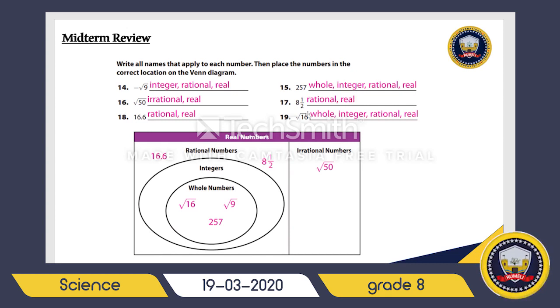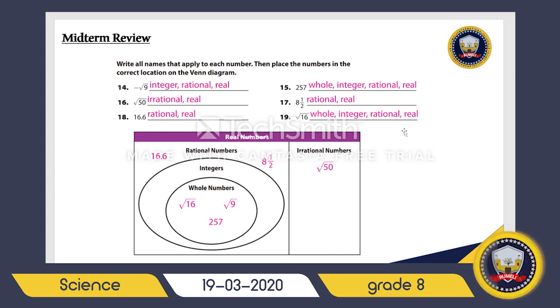Rational and real. Finally, square root of 16. What is it? Very easy. 16 is a perfect square and its square root is 4. Okay, so it is a whole number. Square root of 16 is a whole number. So it is also an integer, rational and real.